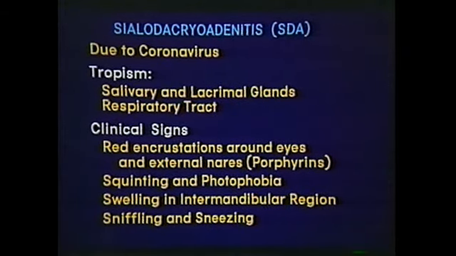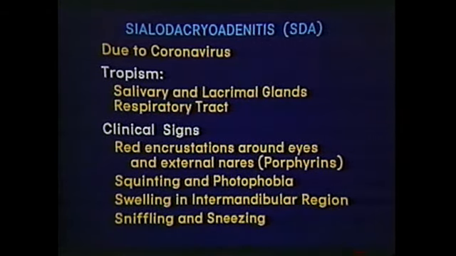So to summarize, SDA, or sialodacryoadenitis, is due to a coronavirus, with tropism for the salivary and also the lacrimal glands, and occasionally we do see cases of megaloglobus in animals during the convalescent period if the lacrimal glands have been severely damaged and are unable to lubricate the cornea in the normal way.